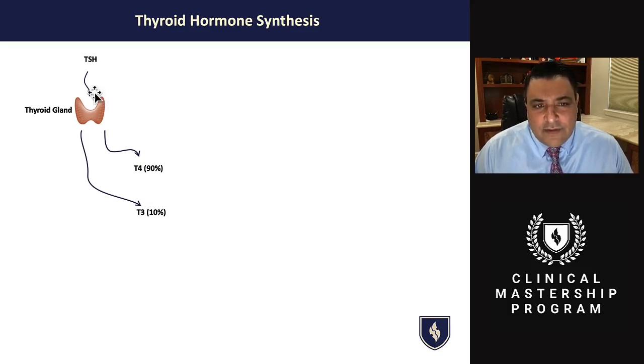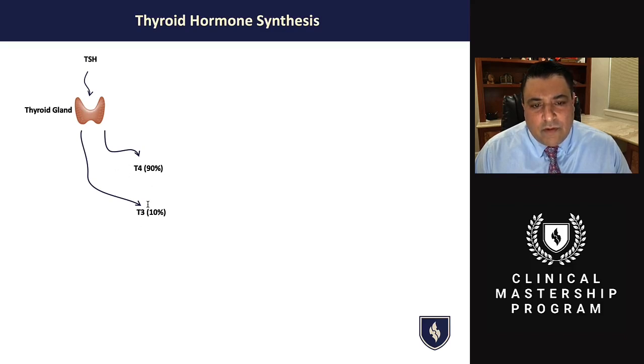So your TSH is letting you know if the person has primary hypothyroidism. Your TSH and total T4, not free T4, is letting you know that person may have a primary pituitary related issue, secondary hypothyroidism.